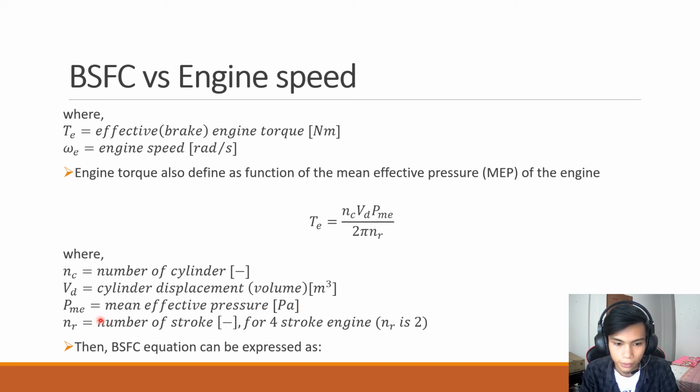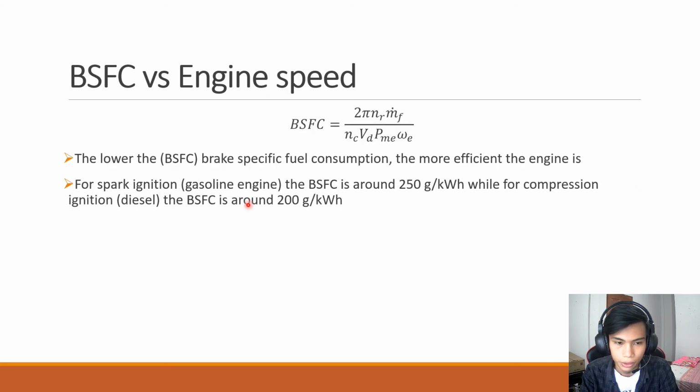PME is the mean effective pressure measured in Pascal, while NR is the number of strokes, also a dimensionless unit. For a four-stroke engine, NR is equal to 2. So this is the final equation for BSFC.